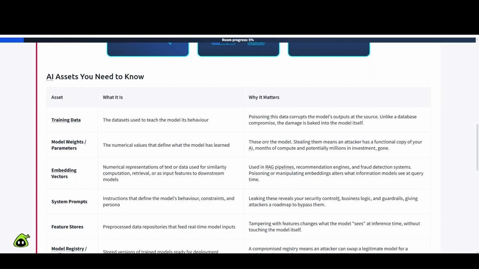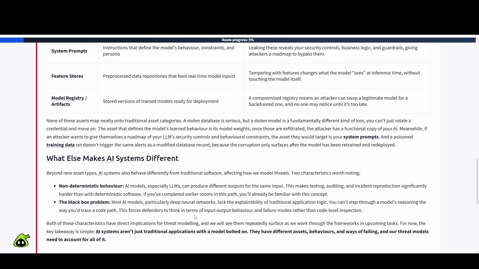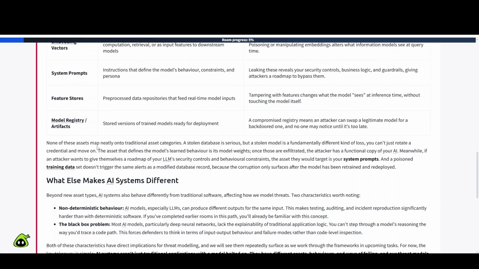Leaking these reveals your security controls, business logic, and guardrails, giving attackers a roadmap to bypass them. Feature stores: pre-processed data repositories that feed real-time model inputs. Tampering with features changes what the model sees at inference time without touching the model itself. And then we have model registry and artifacts: stored versions of trained models ready for deployment. A compromised registry means an attacker can swap a legitimate model for a backdoored one, and no one may notice until it's too late.